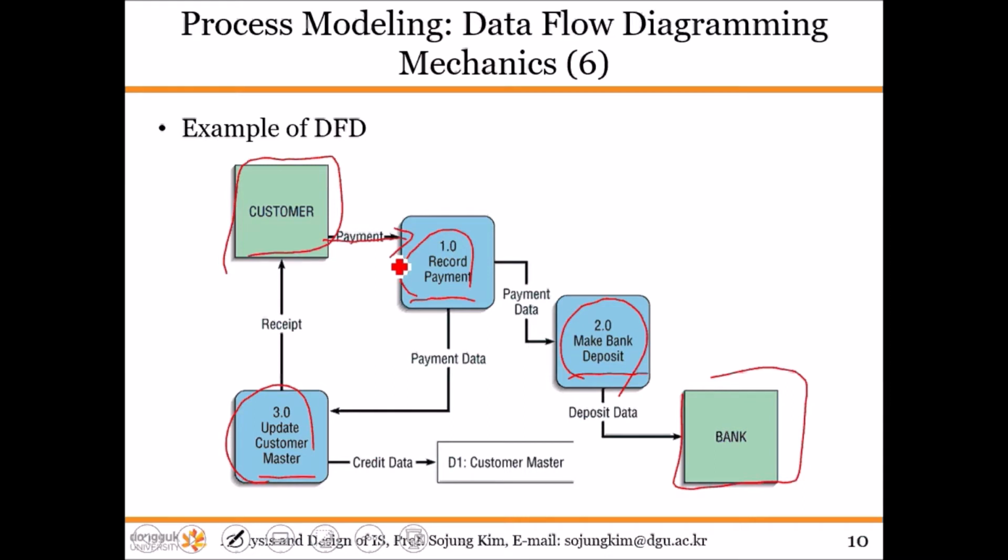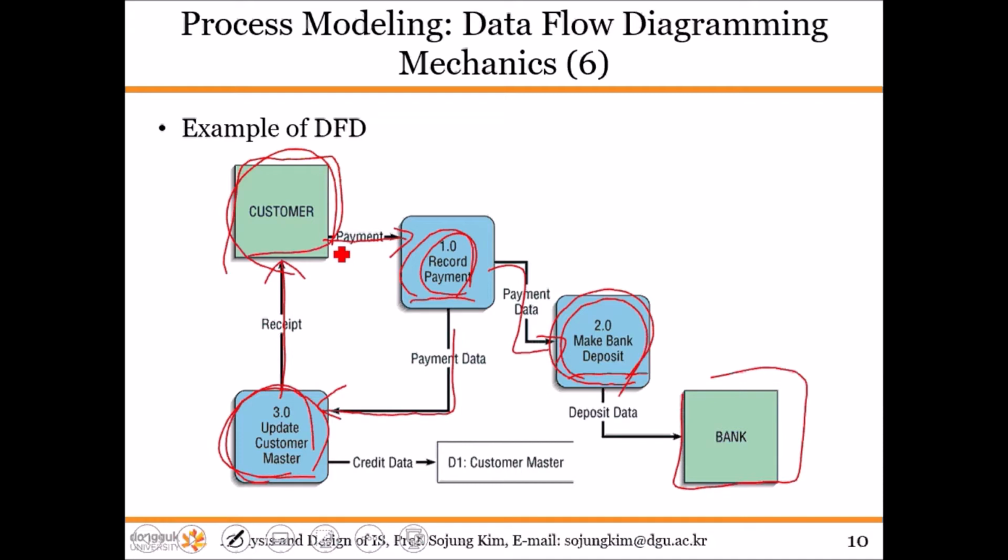And then definitely this process will send the payment data to another process, right? So that the bank can make a deposit, right? Save the money, and then update the customer master so that customer can get receipt, right? About the deposit.